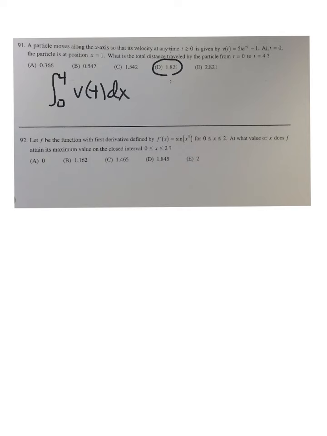If I do it as is, I'm not taking into account that potentially the velocity between the times from 0 to 4 will shift and become negative. The way that we can fix that is to just take that velocity and put an absolute value in there. And then all is good with the world.